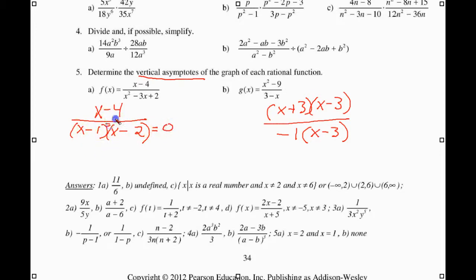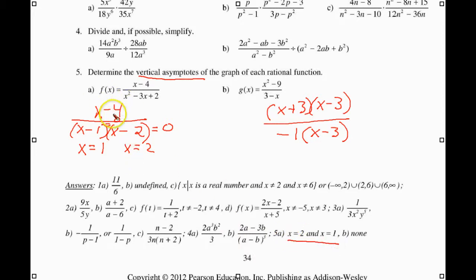Here, each of these will be set to 0, and this will be x equals 1, x equals 2, and these are values that would make your denominator a 0, but they also are your vertical asymptotes. x is 1, x is 2, right there.